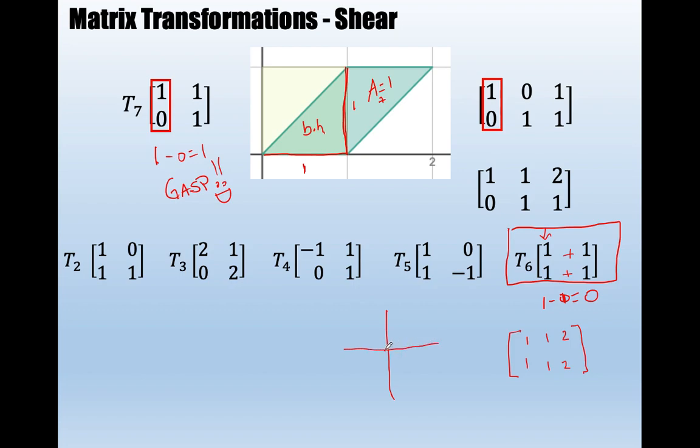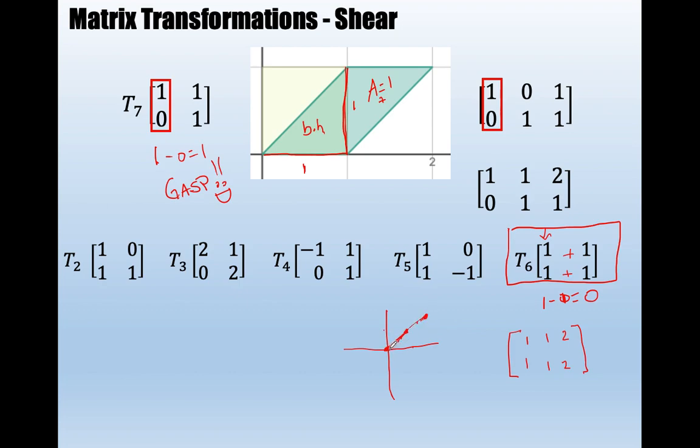Remember, 0, 0 is always there. So the unit vector 1, 0 got transformed to 1, 1. The unit vector 0, 1 also got transformed to 1, 1. And the unit vector 1, 1 got transformed to 2, 2.